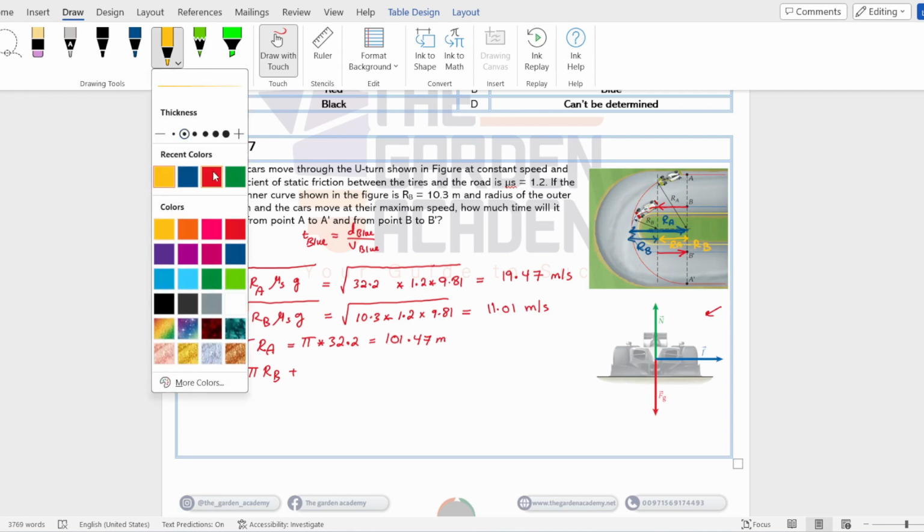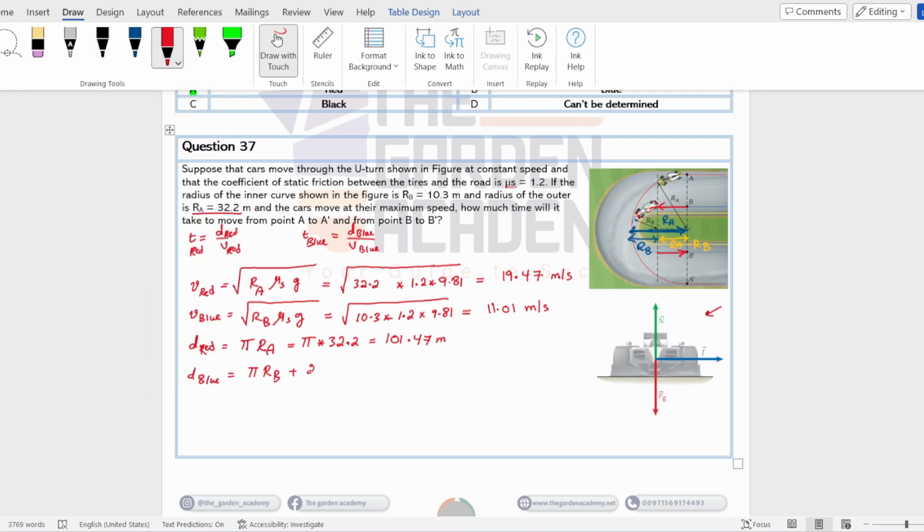So since we have two lines, we will write 2 times RA minus RB. So we just plug in the values. Pi times RB, which is 10.3, plus 2 times 32.2 minus 10.3.